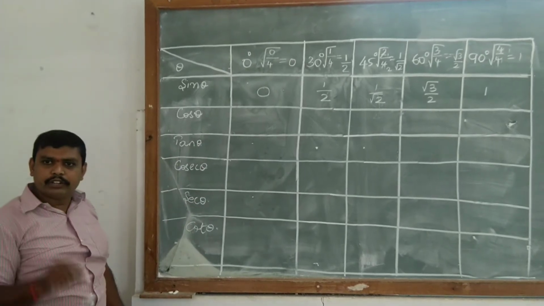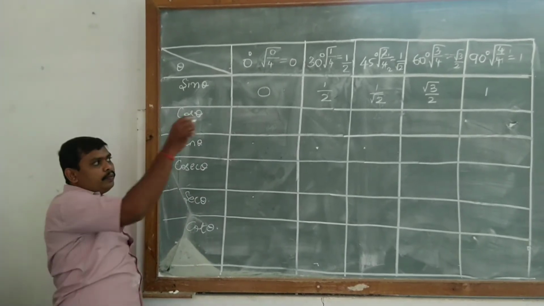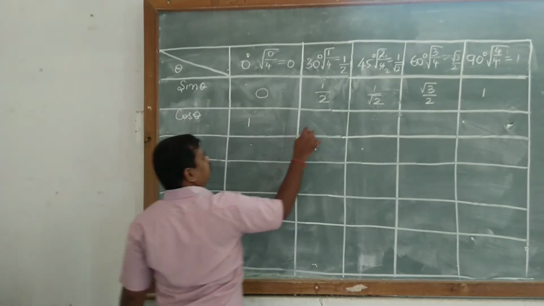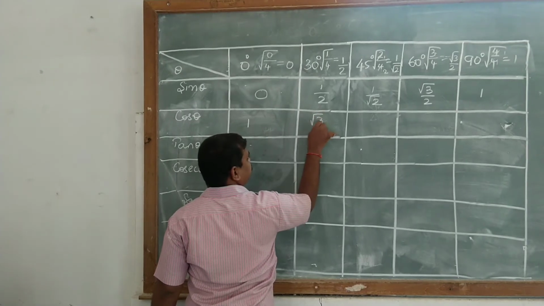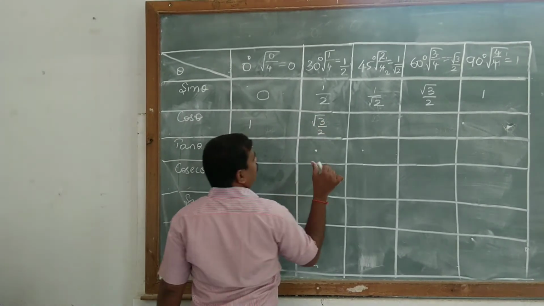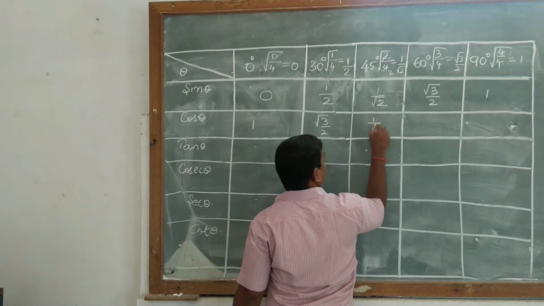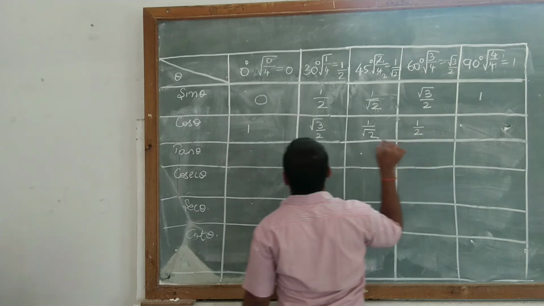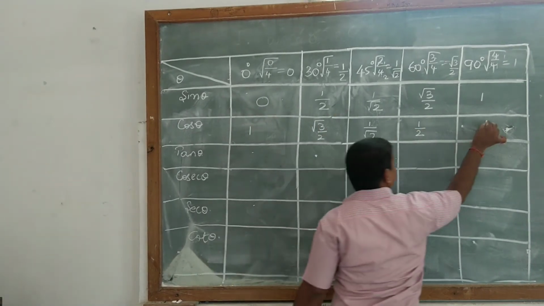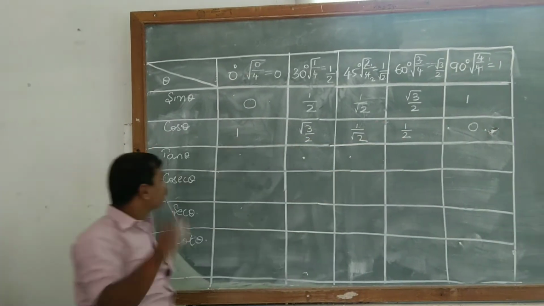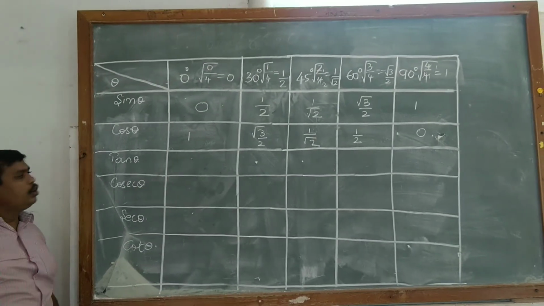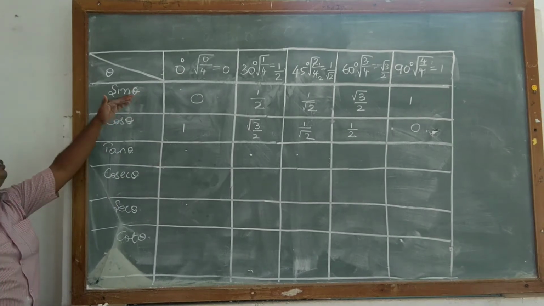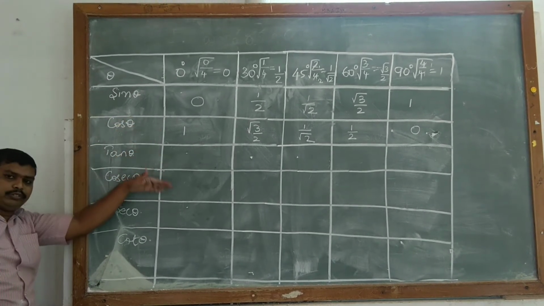That means what are the values which you are going to obtain now from right to left? 1, root 3 by 2, again 1 by root 2, next 1 by 2 and last one is 0. Okay students? Now this is the way which you are going to get for the cos values.